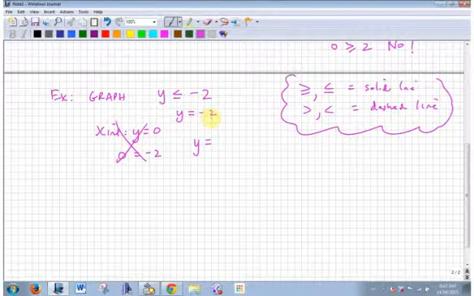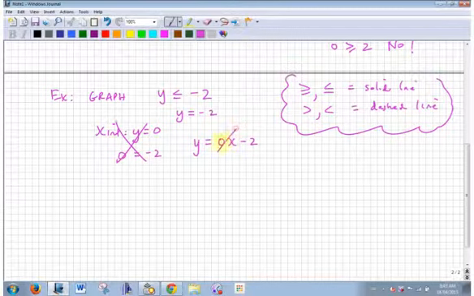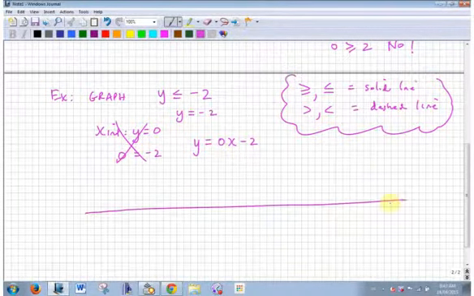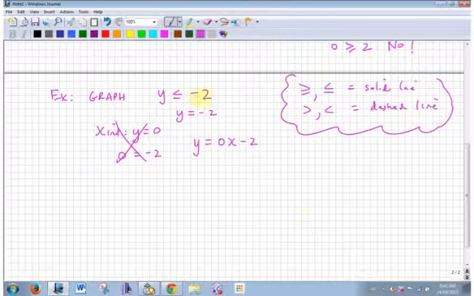There isn't one. Does that give me the same thing? Yeah. That says exactly the same thing as this, doesn't it? Because anything times 0, it's gone. I don't need it there. And what does that say about my slope? A slope of 0 means horizontal line. So that's a horizontal line. Guess where?